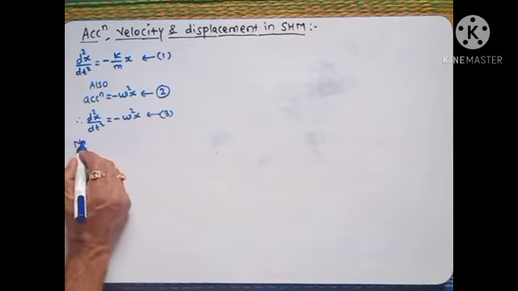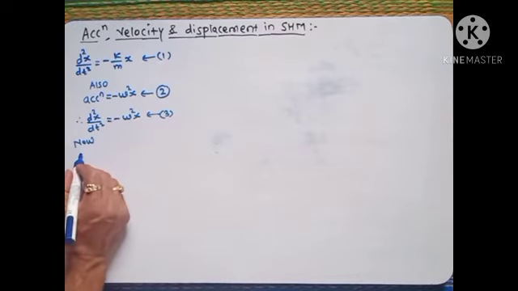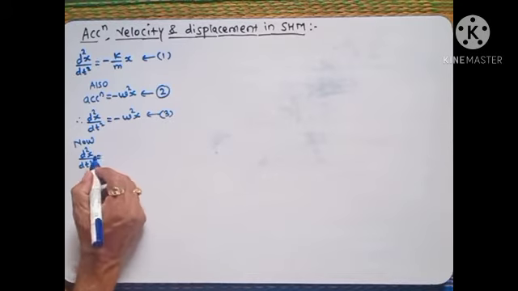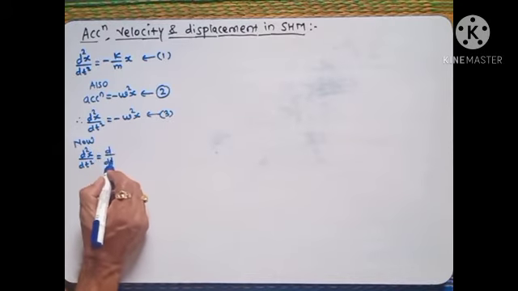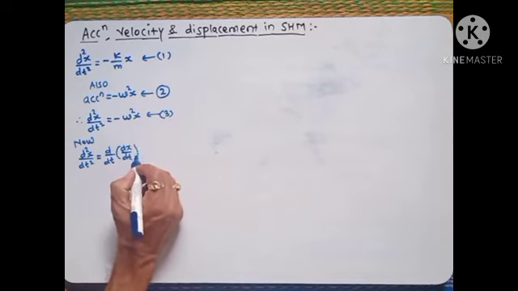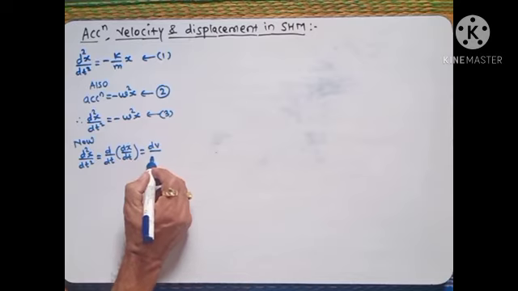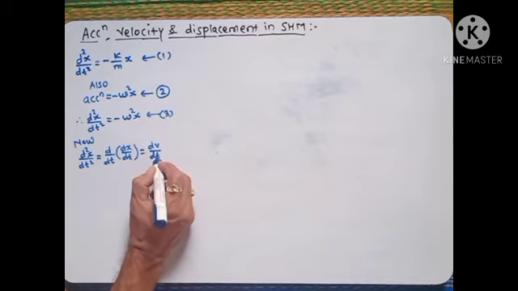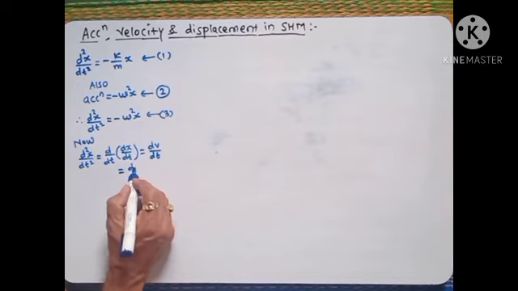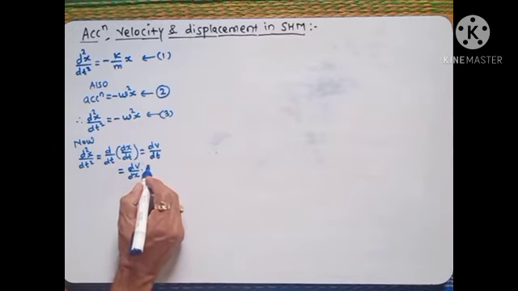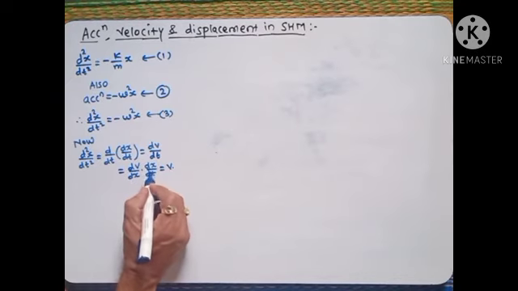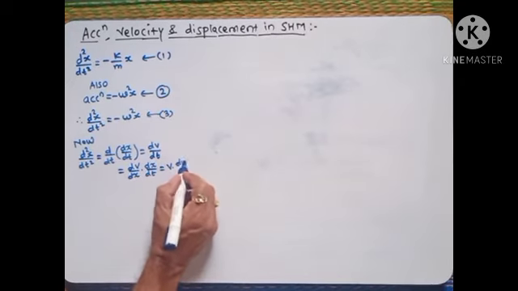Now we write d2x by dt2 equal to d by dt of dx by dt, which is equal to dv by dt. Also we can write this dv by dt as dv by dx into dx by dt, and dx by dt means v, so v into dv by dx.